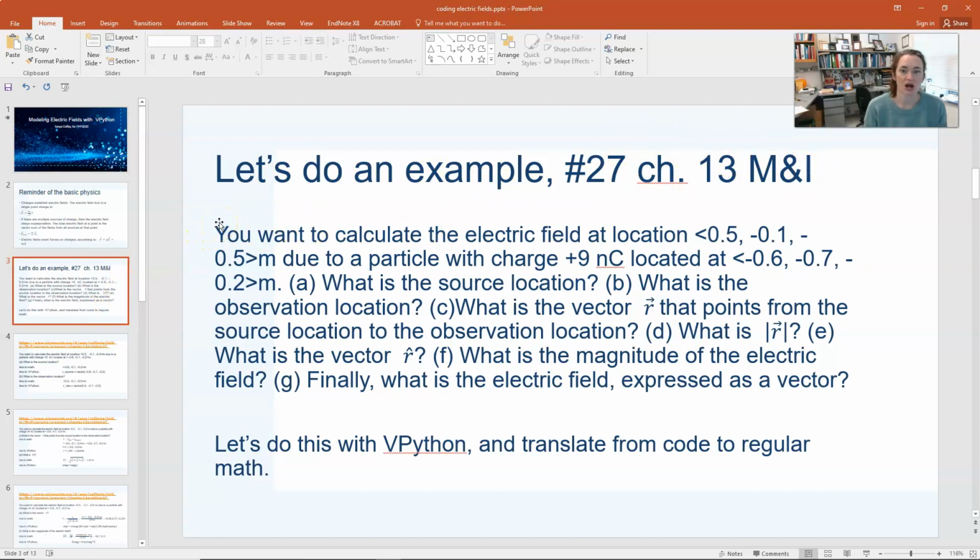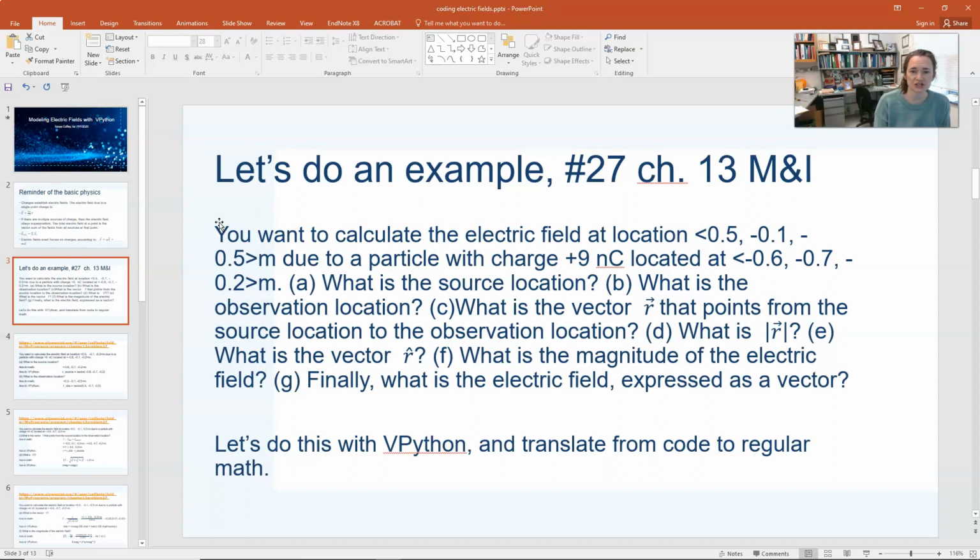You're going to try to calculate an electric field at a location of interest, 0.5, minus 0.1, and minus 0.5 meters. Those are the x, y, and z coordinates. It's due to a charge of plus 9 nanocoulombs located at minus 0.6, minus 0.7, and minus 0.2 meters in x, y, and z respectively.